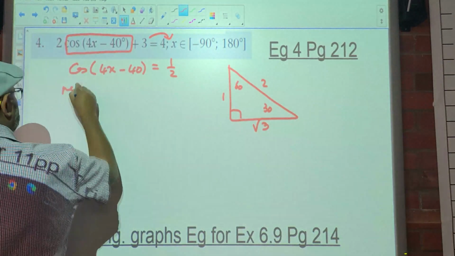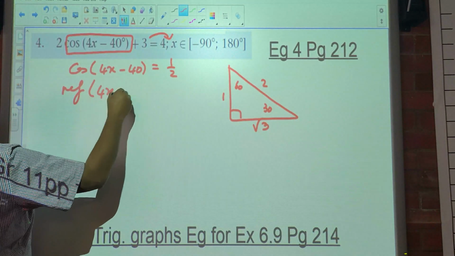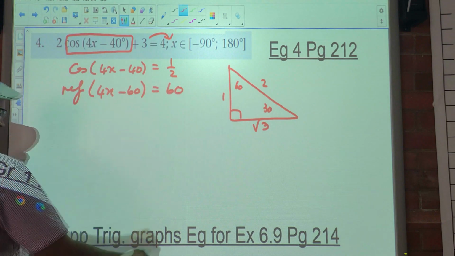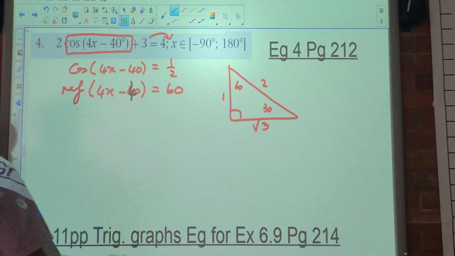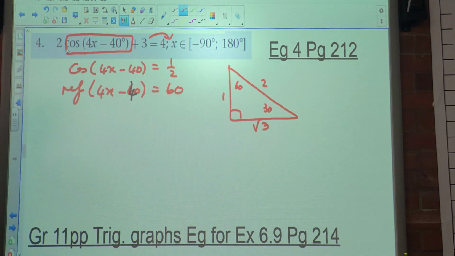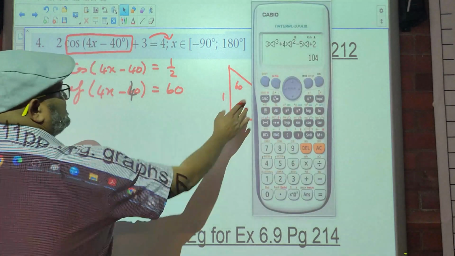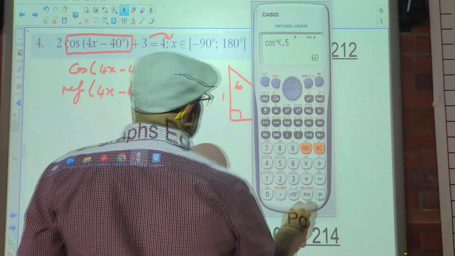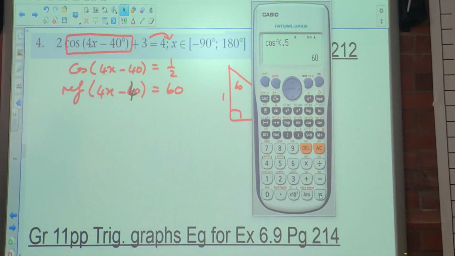So my reference angle gives 4x minus 40 is going to be equal to 60 degrees. Otherwise, you could have also said arc cos of a half, which should also have given you 60 anyway.